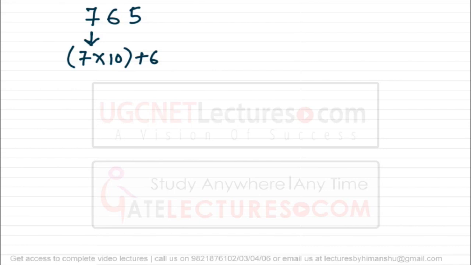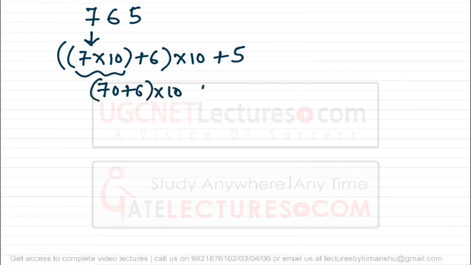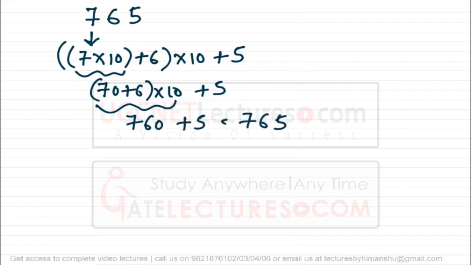Okay, you have appended 6. Now if you have to append 5, you multiply with 10 and add 5. Let's quickly see what this is going to be. This is 70 plus 6 into 10 plus 5. This is going to be 760 plus 5. See, you've got 765. So the base for this shortcut is the decimal number itself.